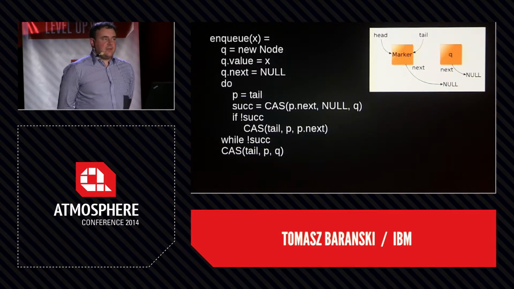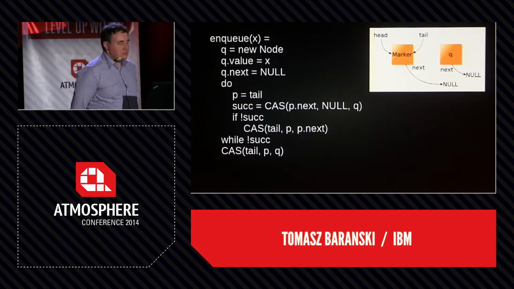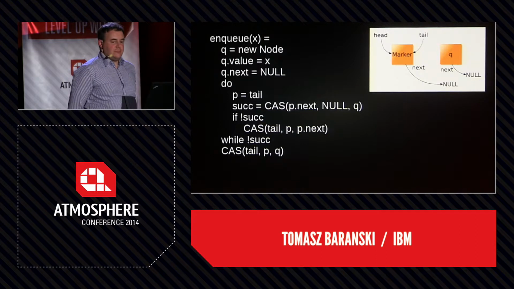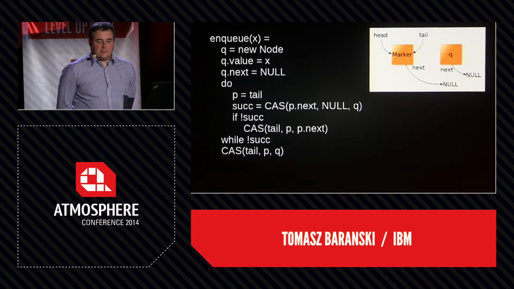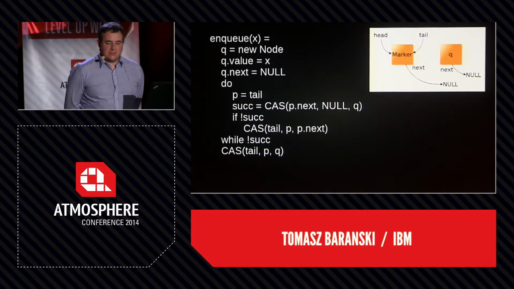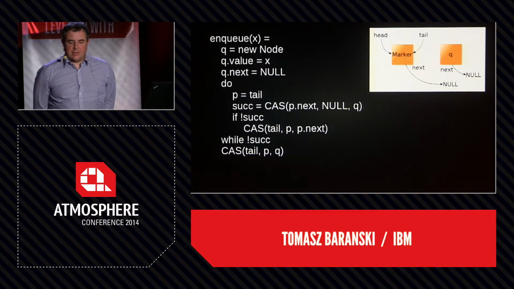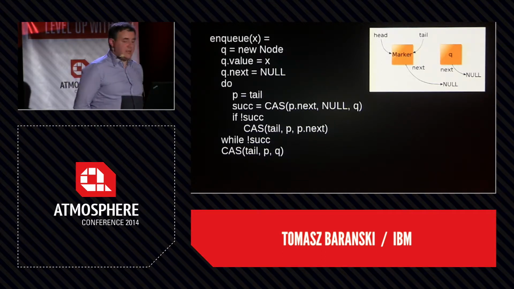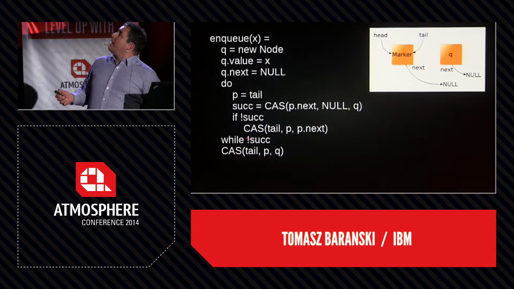So if the last element's next was null, then we replace it with our newly created node. When it succeeded, we just exit and do something else. But I'll get back to that in a second. If it doesn't succeed, we do something weird. Do you know why this thing here is necessary?